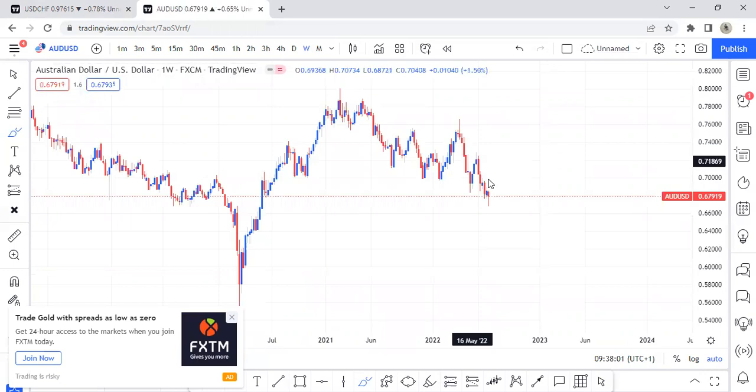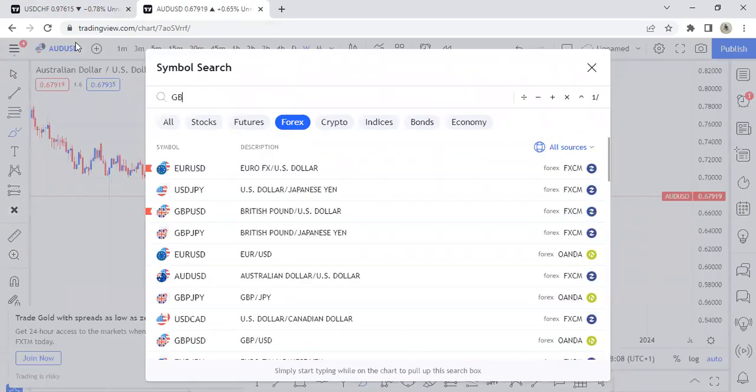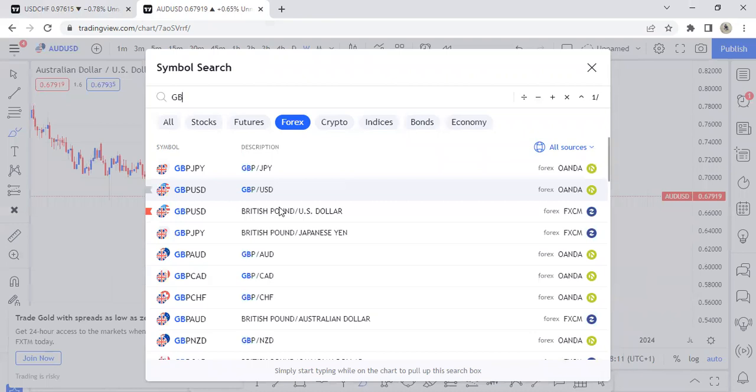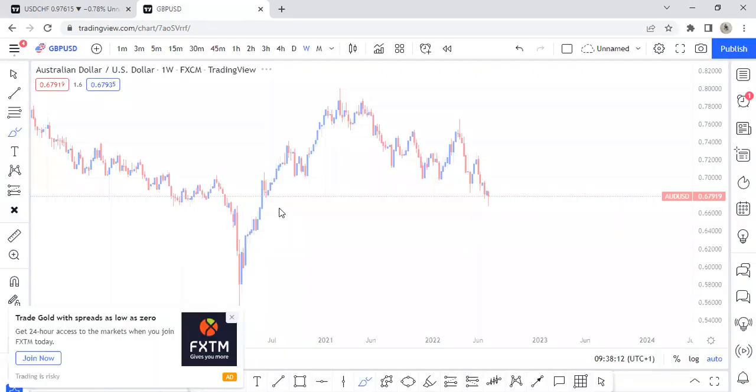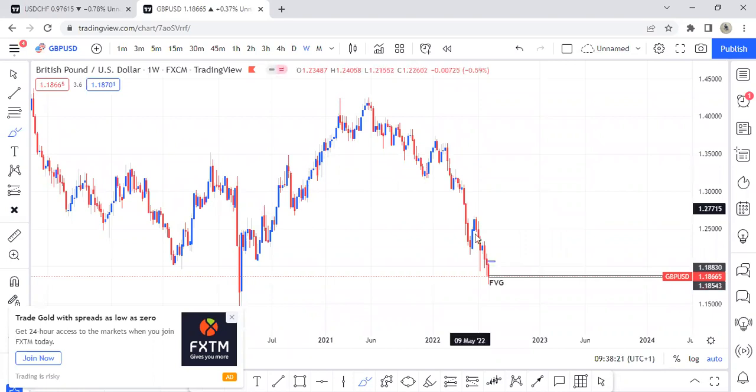That's still been bearish, although the AUD has been putting up a fight, it has still been going down, right? Let's see GBPUSD, British pound against the US dollars. You can see the same thing, bearish. So that is basically why the market has been giving a bearish run, because of the strength of the United States dollars.